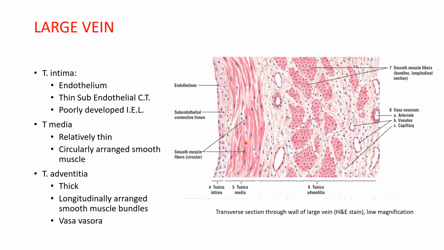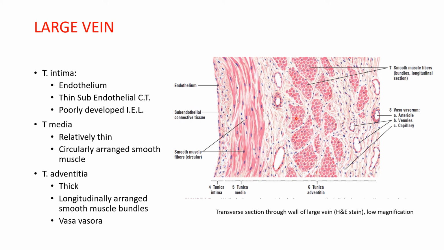Now, the outermost layer is the thickest in case of large veins, and this tunica adventitia in case of large veins contains longitudinally arranged bundles of smooth muscle cells.